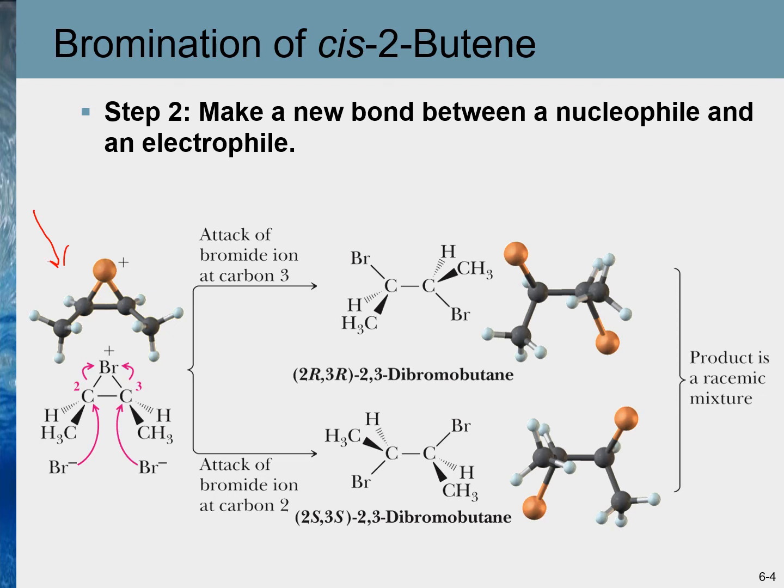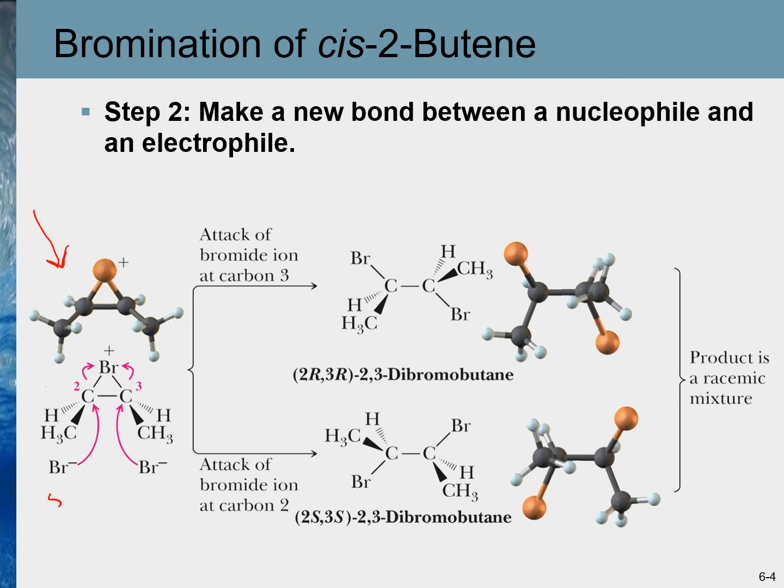Now the next step in this mechanism is the attack of a bromide nucleophile from the anti-position, that means the other side of the bridge to the carbon atom. Now there are two carbon atoms. Either the attack may happen at carbon number 2 or at carbon number 3. Both of these attacks have equal probabilities.